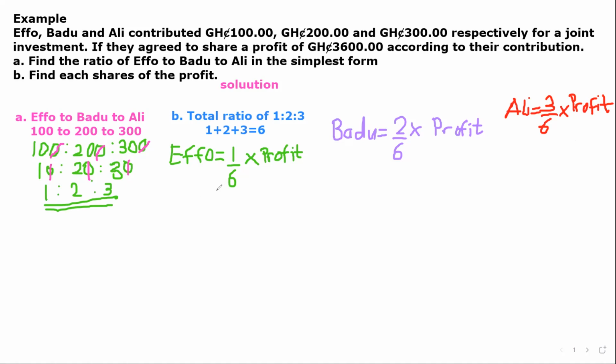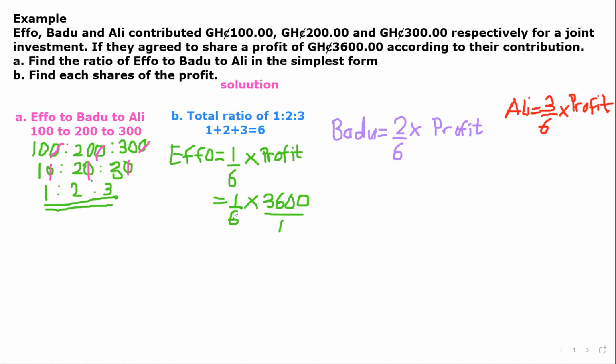So we have, back to A, which is 1 out of 6 times the profit. The profit is 3,600. And every whole number is over 1.